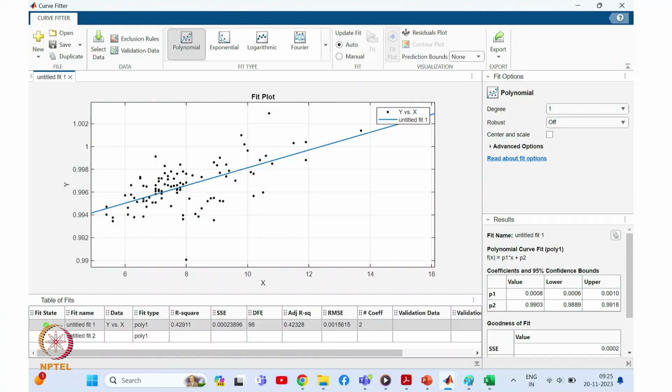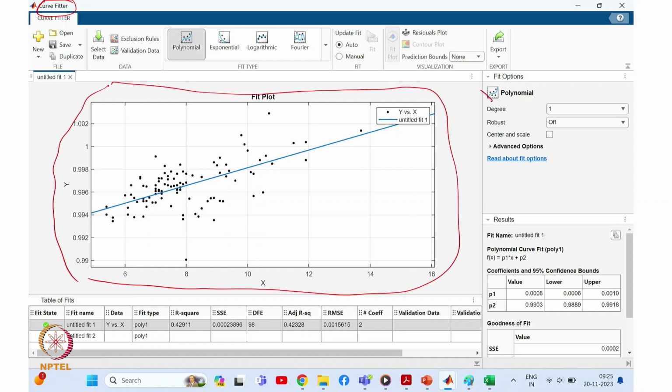We use the simple MATLAB platform. If you type curve fitter, it will ask for the data x and y. We gave the x and y data from the command prompt, and you can see that it has fitted this curve.